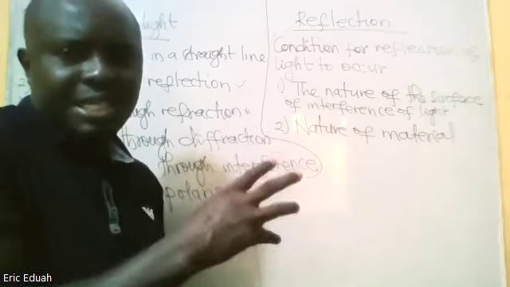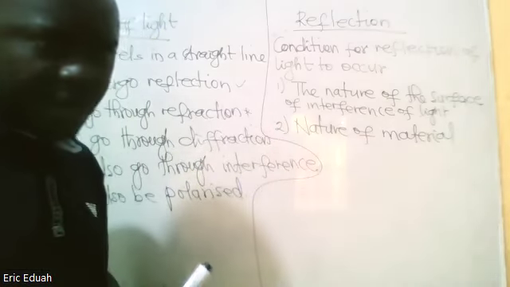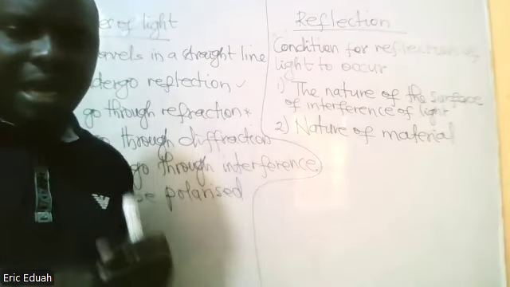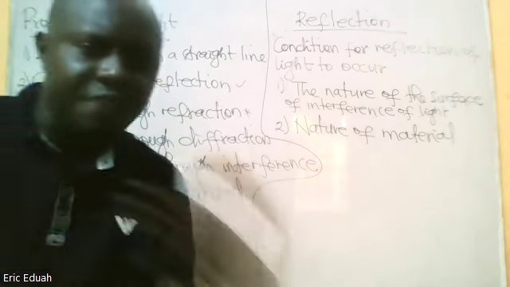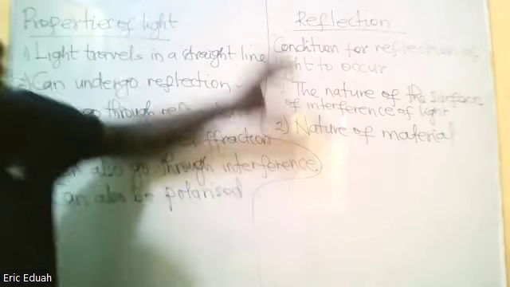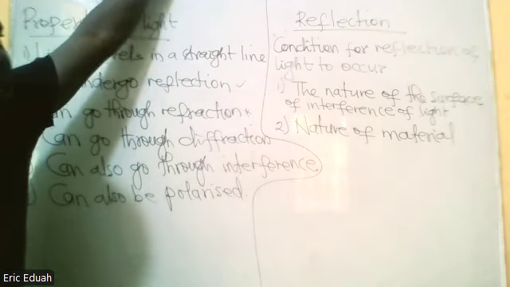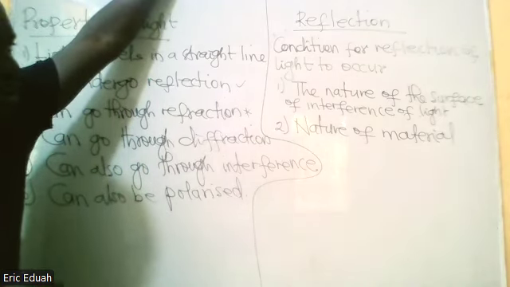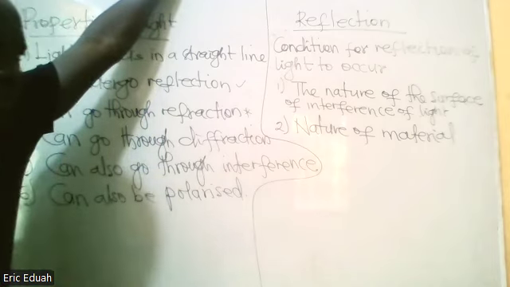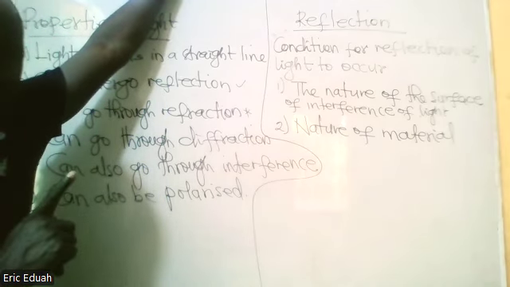So the nature of the material also informs the extent to which reflection would occur. If the material is solid, how reflection will occur will be different from if the material is liquid or gaseous. So these are the two main conditions for reflection of light to occur: the nature of the material and the nature of the surface of the material.